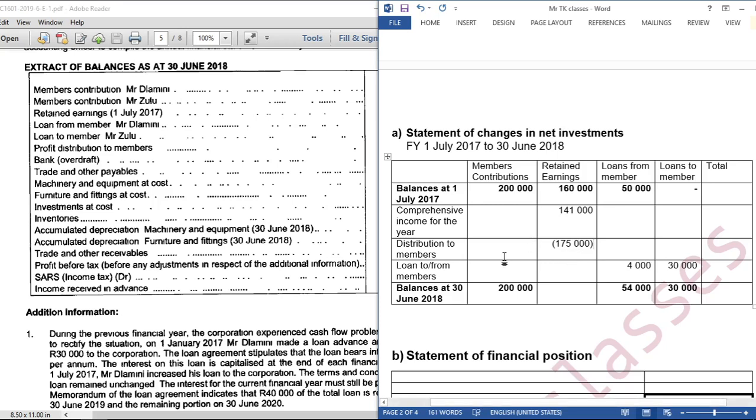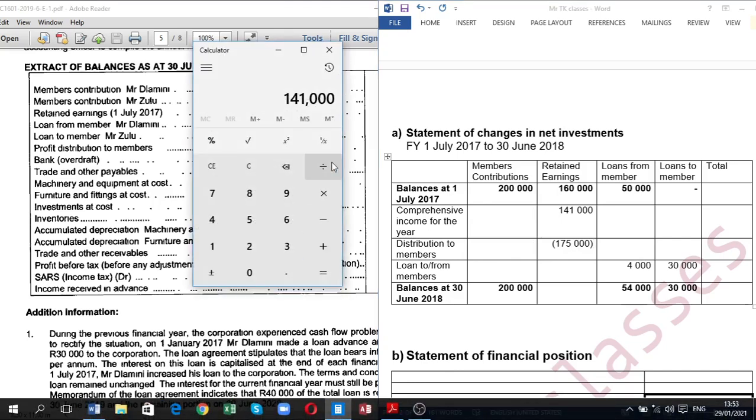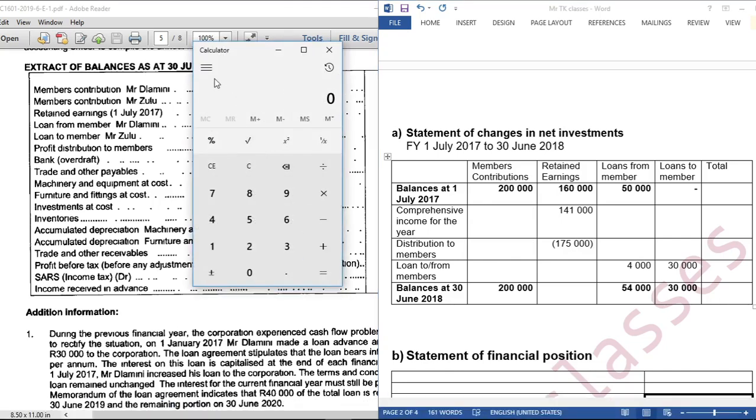Okay, so now we are just going to say 160,000 plus 141,000, subtract 175,000. We are going to get 126,000.